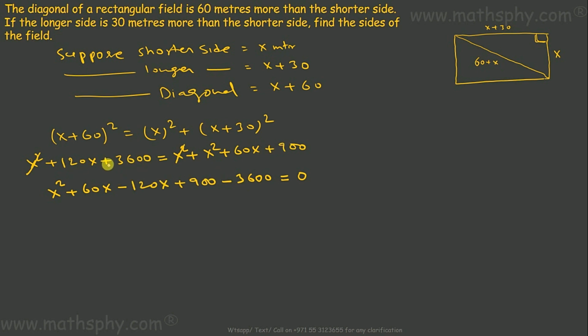I have taken this equation to this side. So now this will be x² − 60x − 2700 = 0.